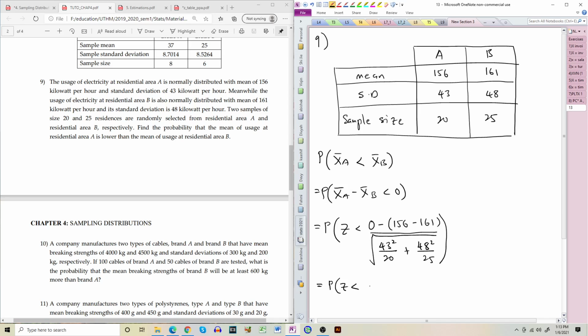Here your answer should be 0.37. Okay, so let me double check. Always double check.